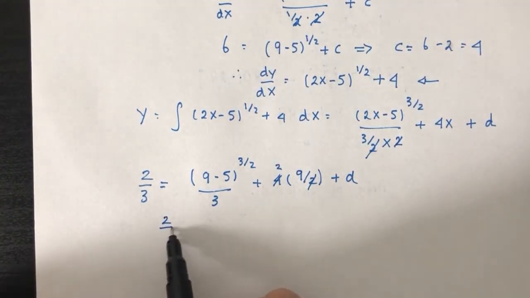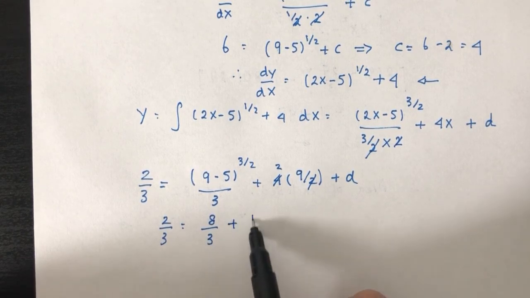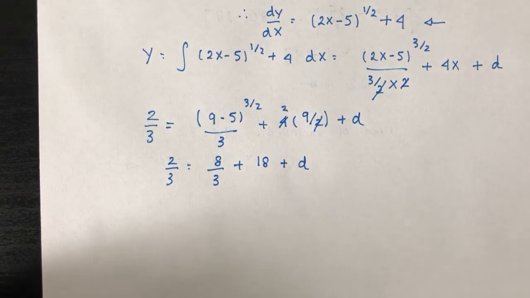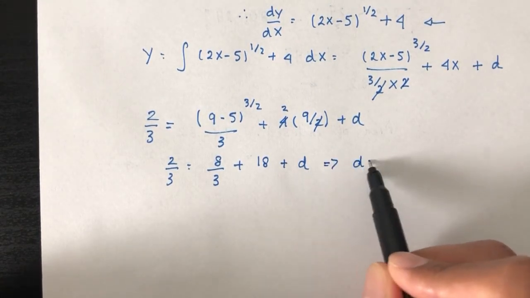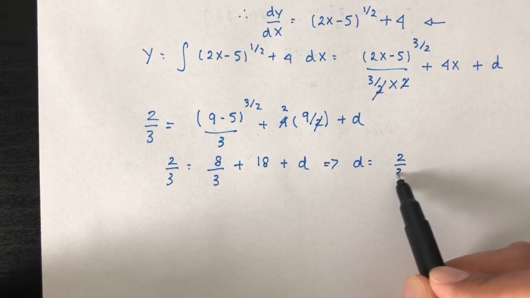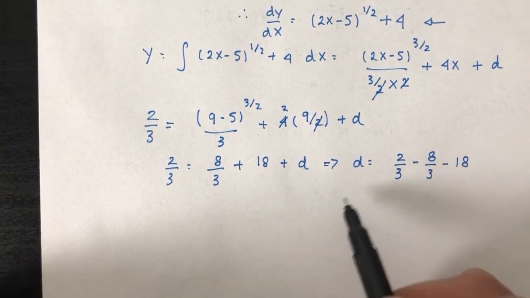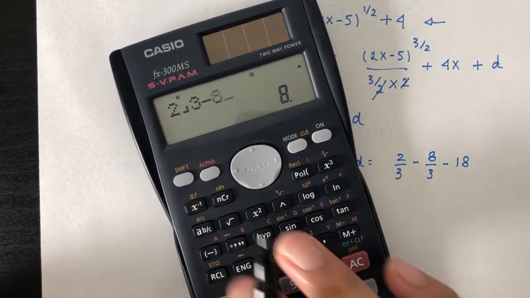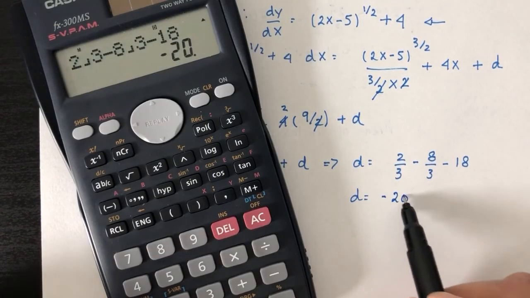So it will be 2 over 3 equal to 8 over 3 plus 18 plus d. So let's simplify. Let's make d the subject of formula. So d will be 2 over 3 minus 8 over 3 minus 18. So d will be what? That will be minus 20.